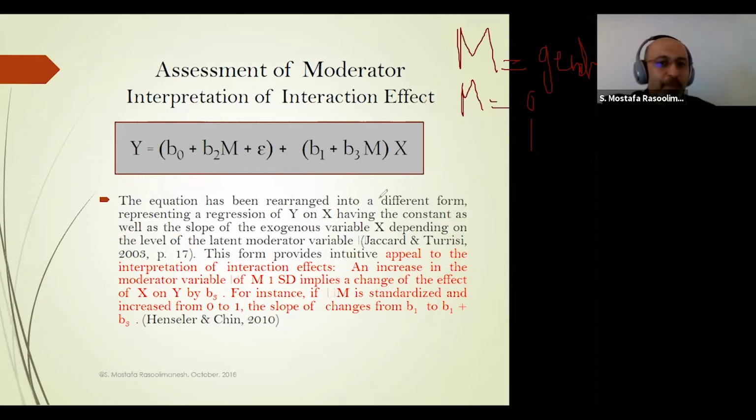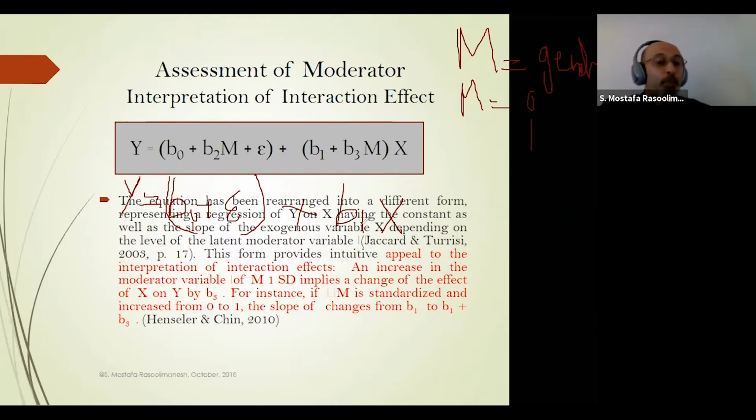When M is 0, this term will be 0 and this term will be 0. So Y will be B0 plus error plus B1X.